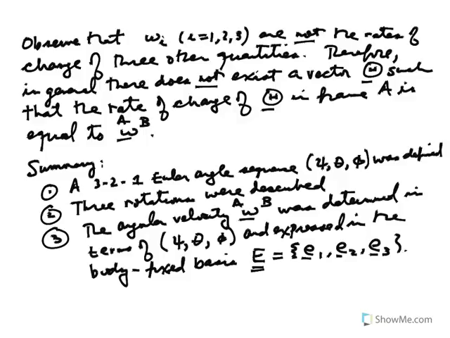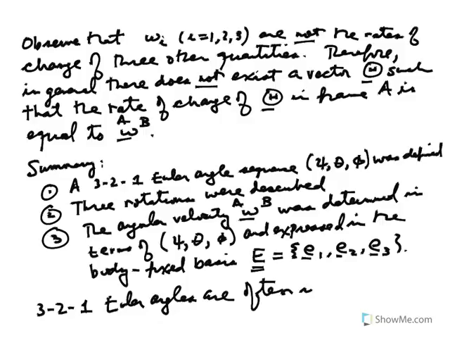Now, there are other Euler angle sequences that people sometimes use. The Euler angle sequence that I gave you today, just to give you a feel for it, is what's called an aircraft Euler angle sequence. So the 3-2-1 Euler angles are often referred to as aircraft Euler angles.